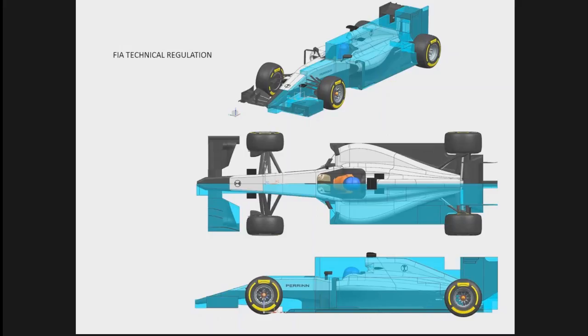But the steady state method, which is what we use because it's much faster to compute, is very close in terms of results. So to develop the car and do a lot of simulations, we like to use the steady state methodology.